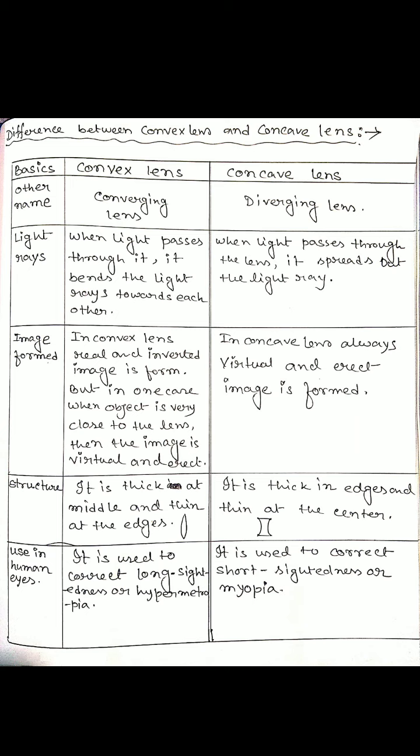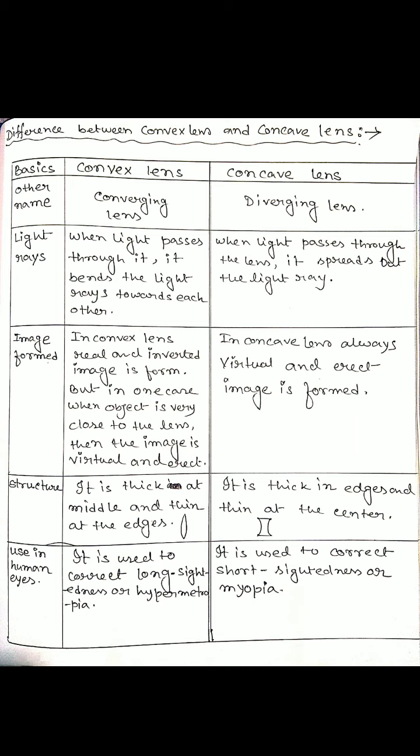Structure is also different. In the case of a convex lens, it is thick at the middle and thin at the edges. Just the opposite in the case of a concave lens: thin at the middle and thick at the edges. The convex lens is used to correct long-sightedness, or hypermetropia.